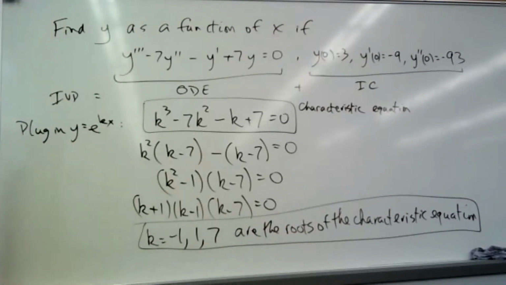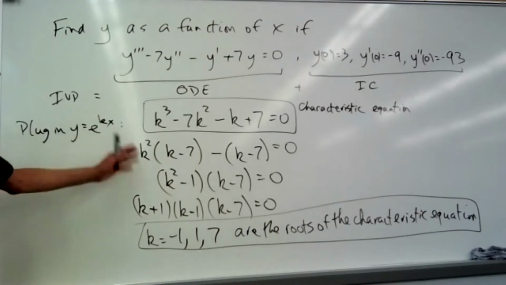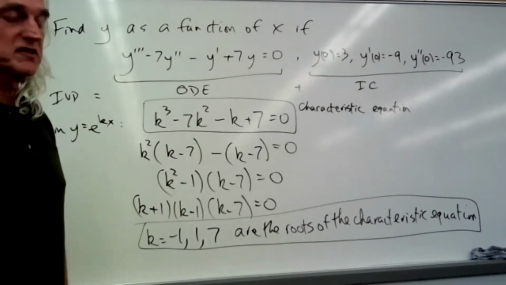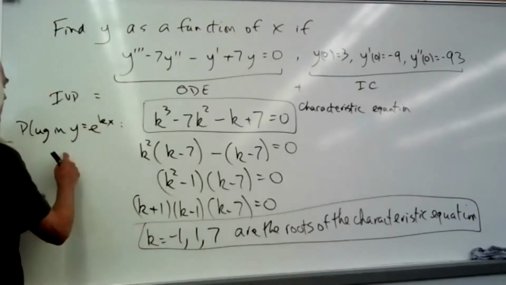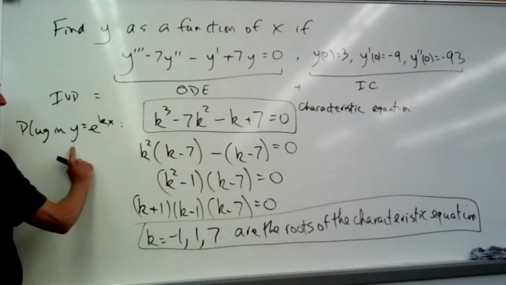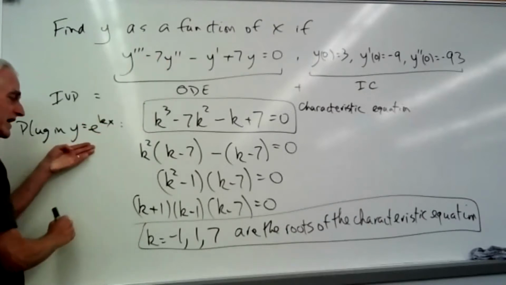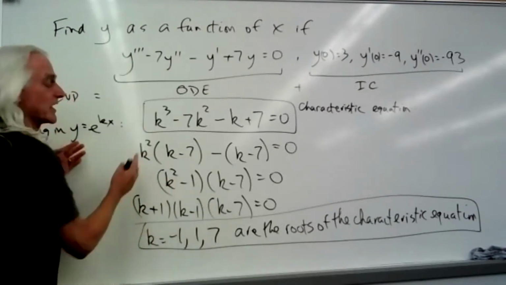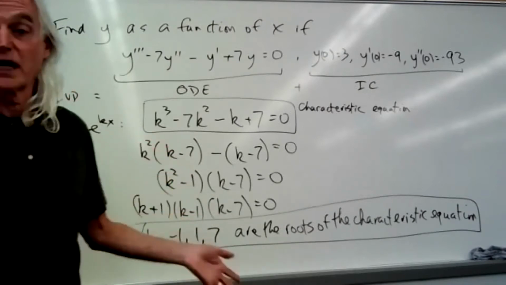All right. So actually I can erase everything but these roots now and write down the general solution, right? Because y equals e to the kx is usually not a solution to the differential equation, but it is if k is -1. It is a solution if k is 1 or if k is 7. And that's the whole idea.